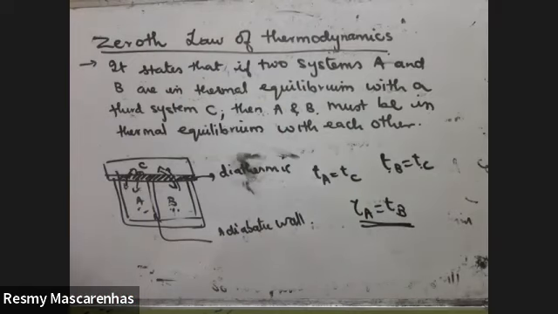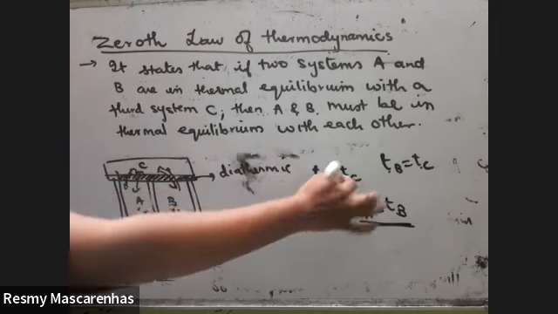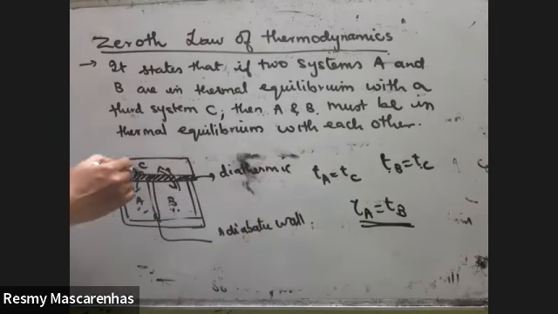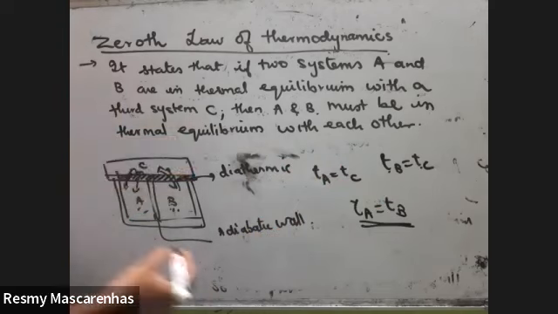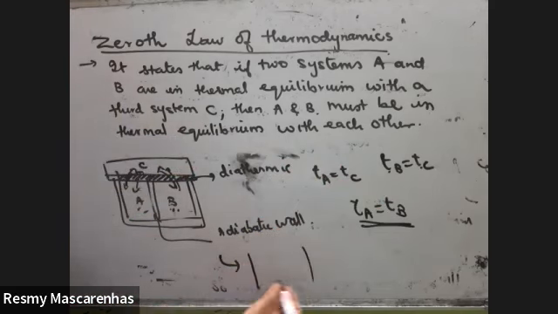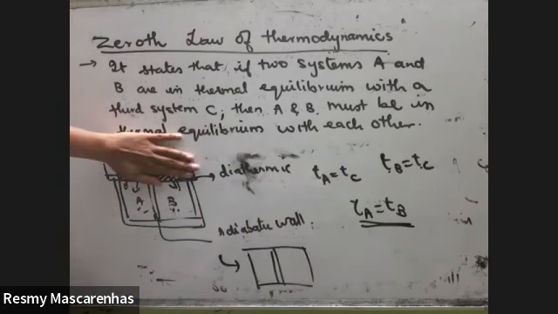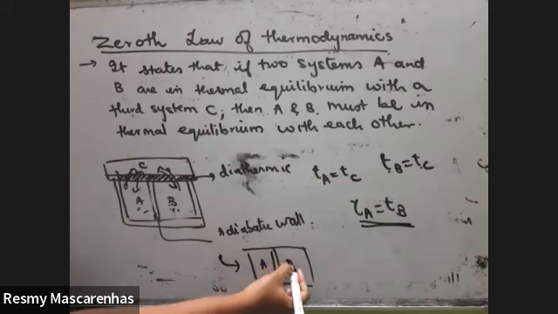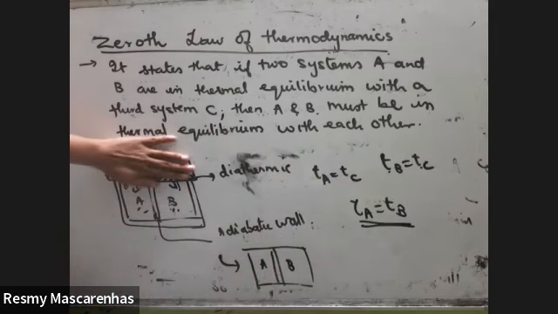Why? Because after this process, now in the next step, what they do, they remove this C. They just remove the C and then they keep only A and B in contact with each other. Now imagine the C is removed.